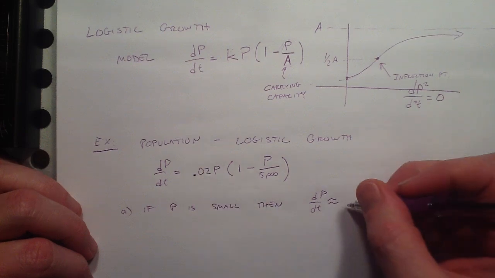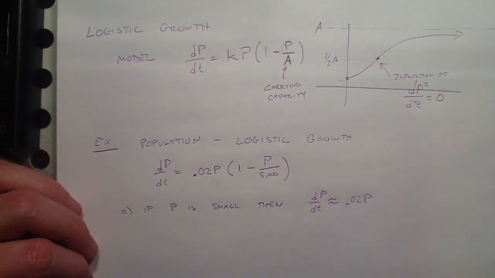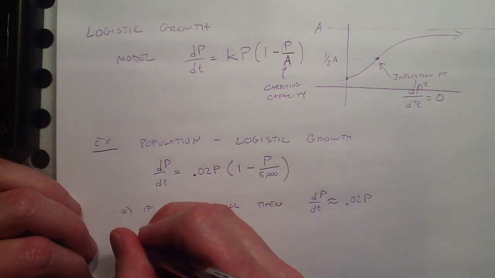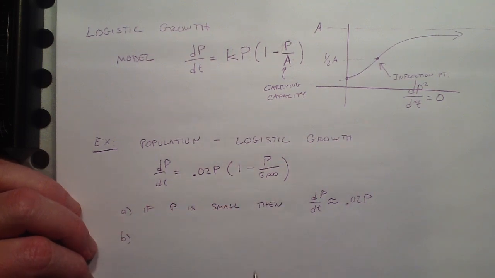So it would just be pretty much like 0.02P, right? In other words, when P is very small, at the beginning of this population growth, it behaves very much like exponential growth. This is the differential equation for the Pert formula for exponential growth with a rate of 0.02. So that's important to note.